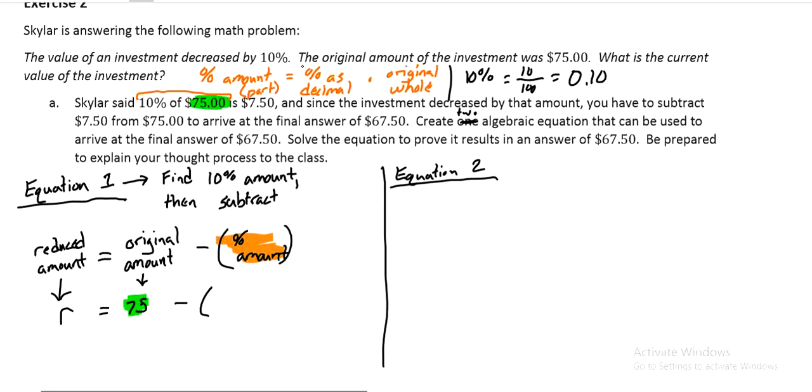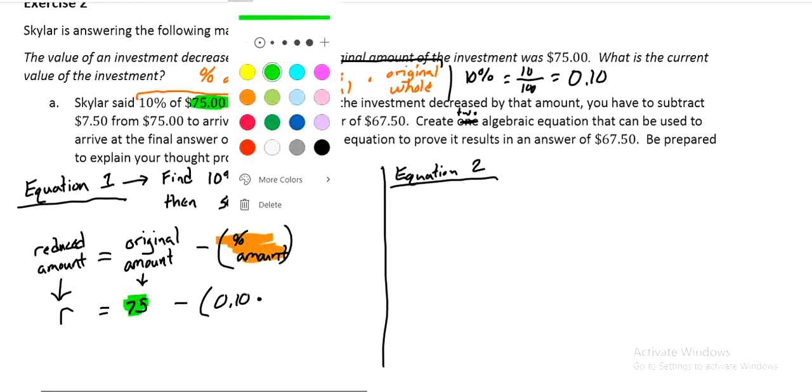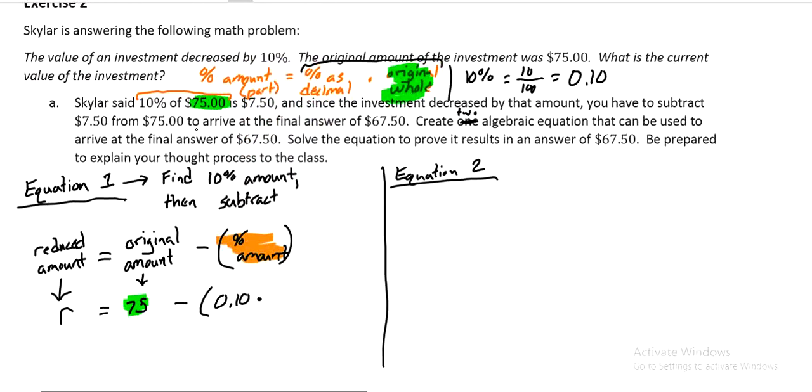So I'm just going to put this portion, our percent as a decimal, which is 0.10, multiplied by the original whole, which is that $75. So there we go. And all of that is how we find our percent amount.